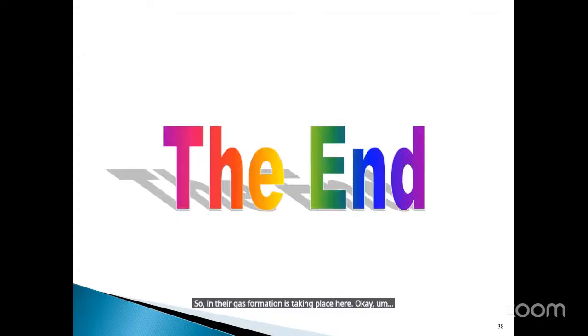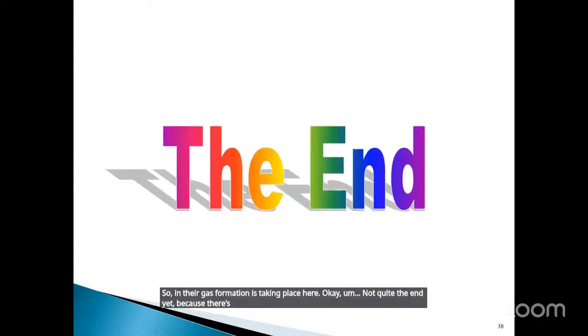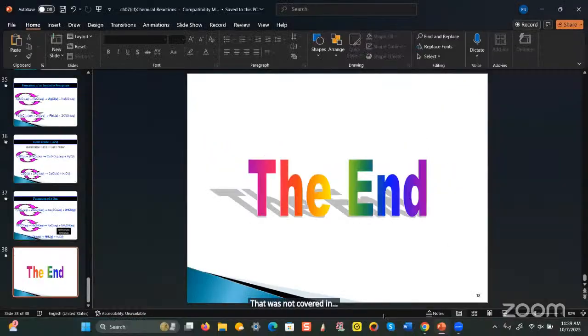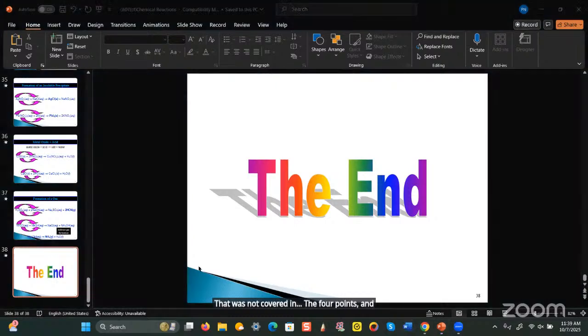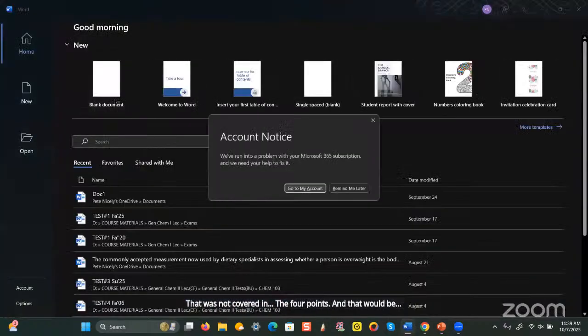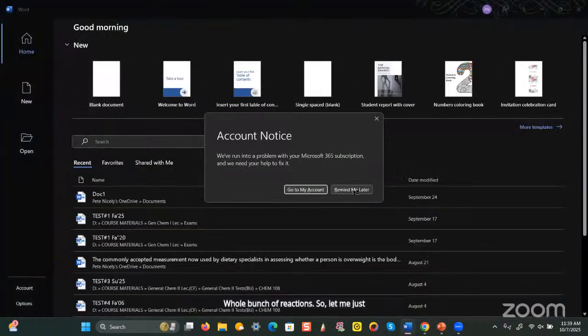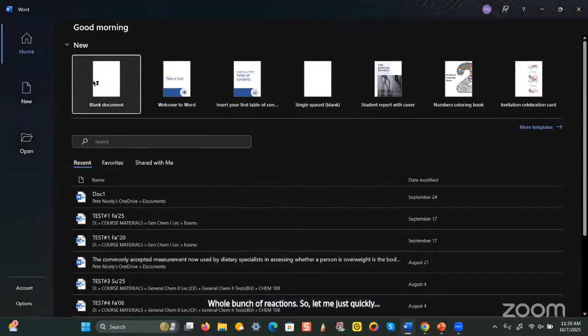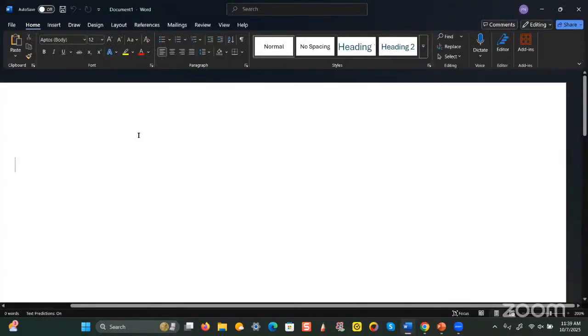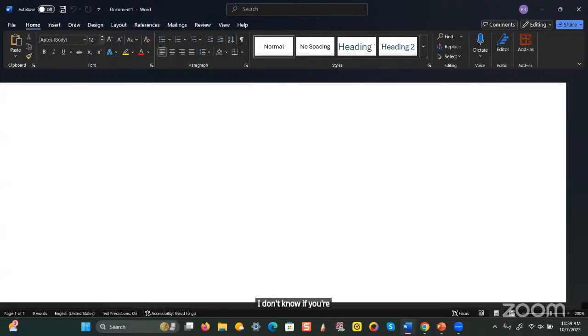Not quite the end yet, because there's one other category of reaction that was not covered in the PowerPoint, and that would be combustion reactions. So let me just quickly talk about that. Now, there are a group of compounds. I don't know if you're familiar with this term, organic, in chemistry.